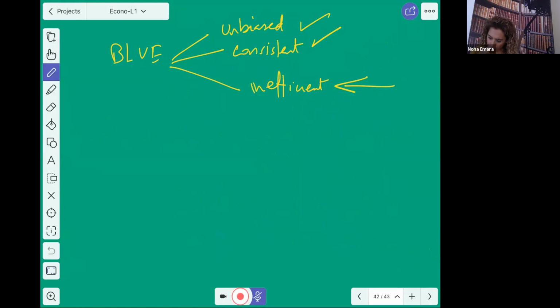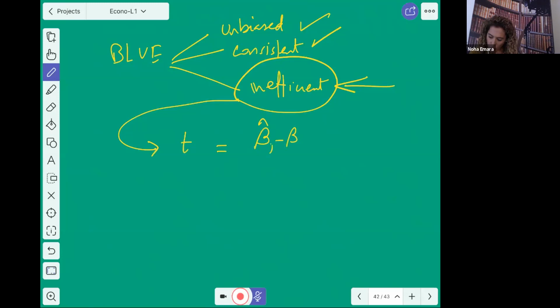If I have an inefficient estimator, I want you to imagine how this would affect the t-statistic. Again, in the t-statistic, the upper part is unaffected, right? But the lower part, which is the standard error of the estimator, is going to be affected.